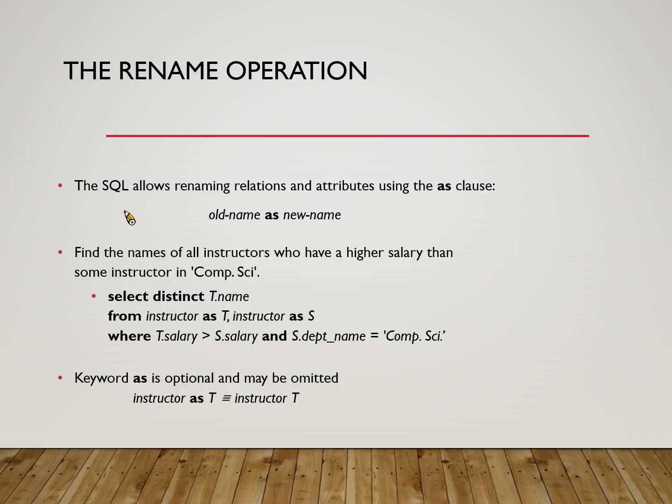And the rename operation: SQL allows renaming relations and attributes using the as clause. Here the clause is old name as new name. In other words, the new name is an alias for the old name.